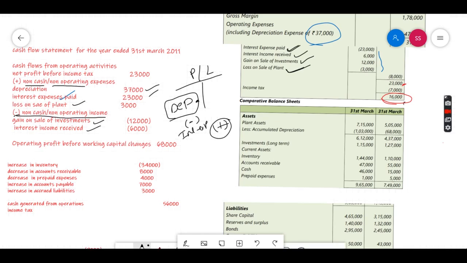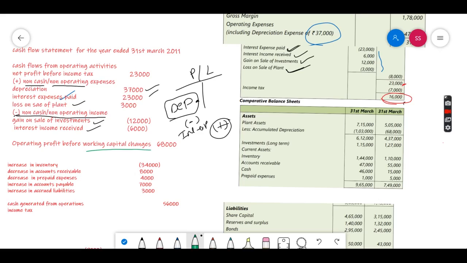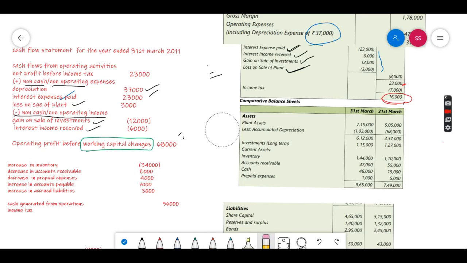Now we need to give effect for changes in working capital. Like we discussed in the second part, we need to form one table: current asset, current liability, increase, decrease.